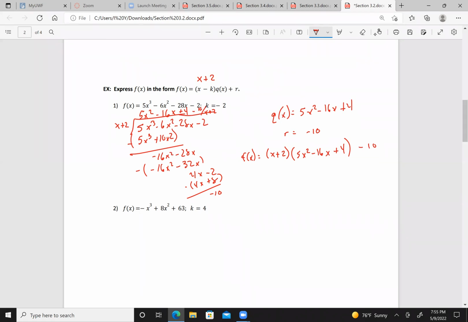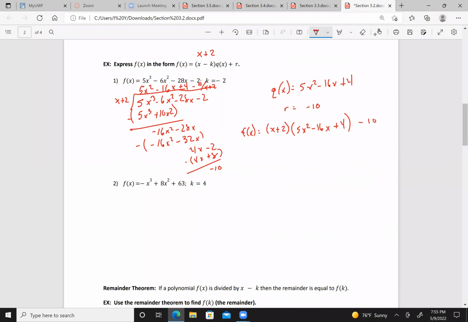Okay, same thing here. We want to find x minus k, so k is 4. So I have x minus 4 into x cubed plus 8x squared plus 0x plus 63. Again, x squared gives me x cubed minus 4x squared.